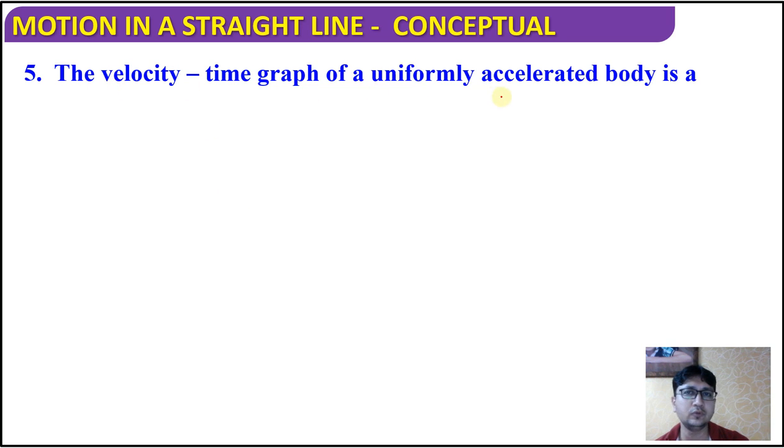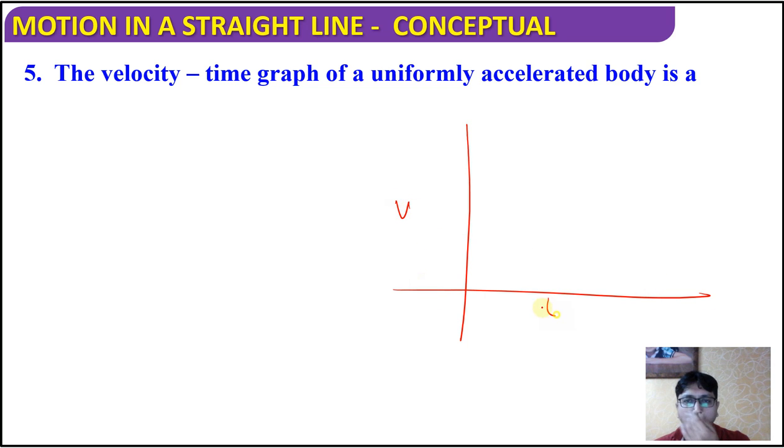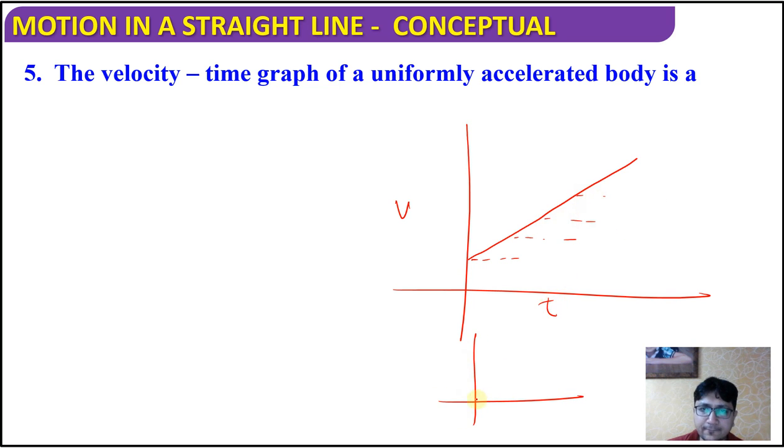Velocity time graph of uniformly accelerated motion. If a body is uniformly accelerated, guys, then its acceleration, meaning slope, must be the same. So it must always be a straight line, because a curved graph represents a different angle at different positions. A tangent made on this curve shows a different angle, meaning different acceleration.